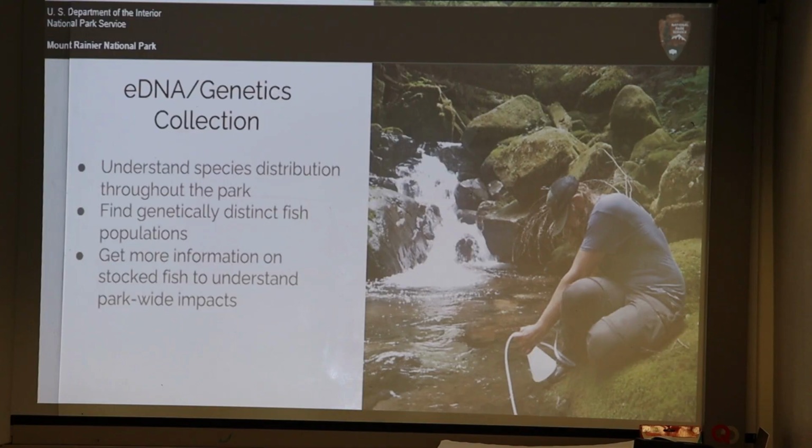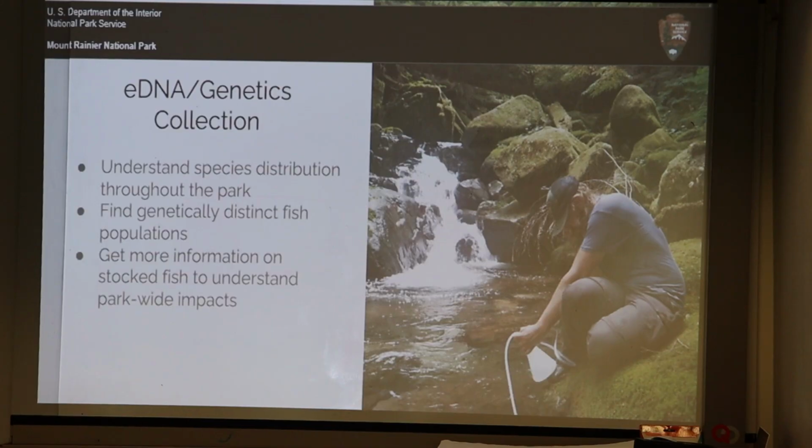We were mainly trying to find a drainage distinction, how much overlap there was between the different drainage populations, any potential hybridization between the brook trout and the bull trout, and whether there is any movement between those different populations.